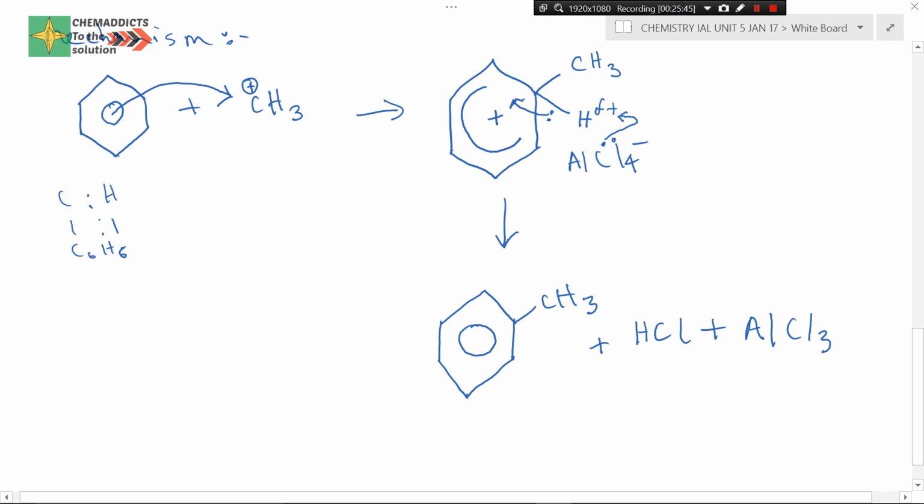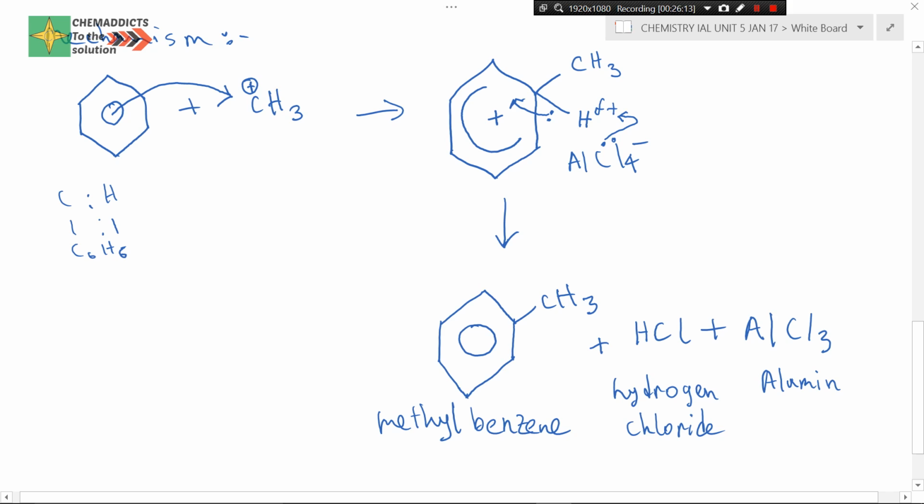So in the final stage we have methylbenzene, hydrogen chloride, and aluminium chloride as the final products.